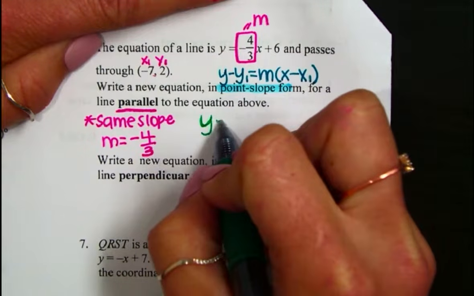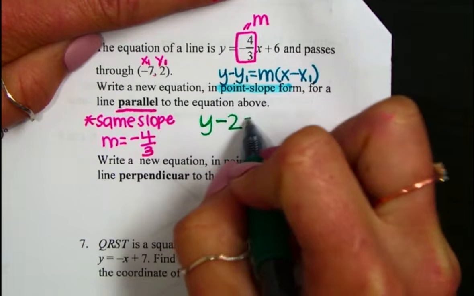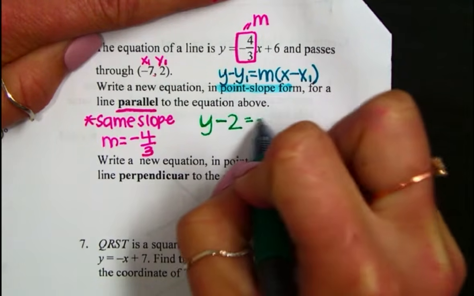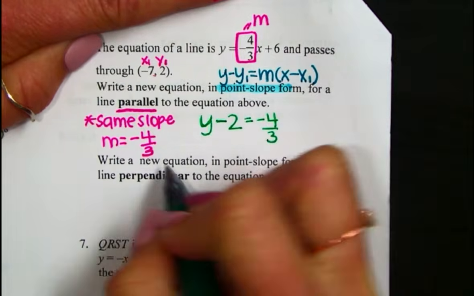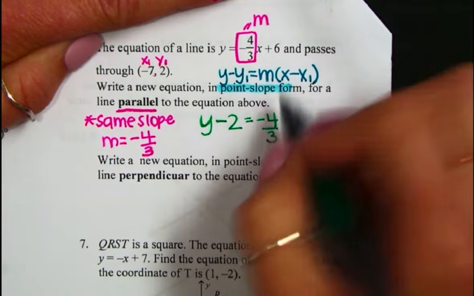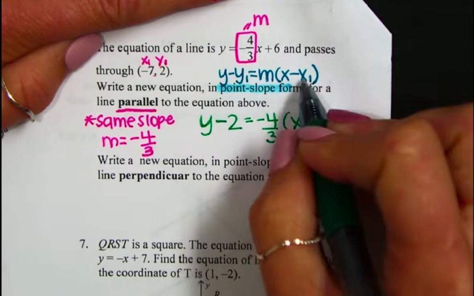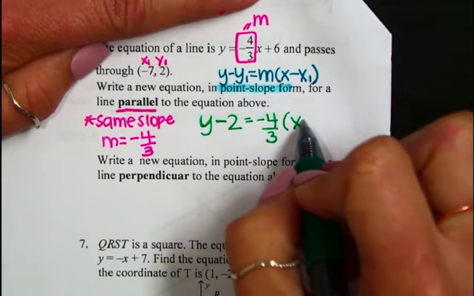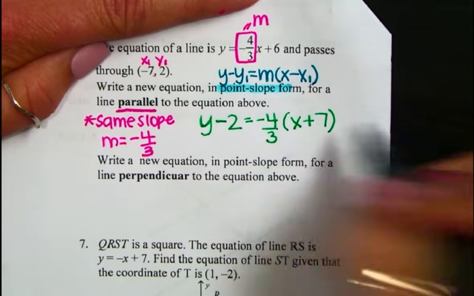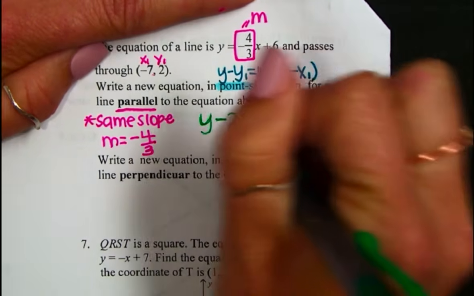So using the formula, you change the sign. So it's minus 2. That's equal to my slope, which again, I'm using negative 4/3 because parallel means same slope. And then x is always copied first. And then x1 is negative 7, so changing that sign, plus 7. So here's my answer for the line that is parallel.